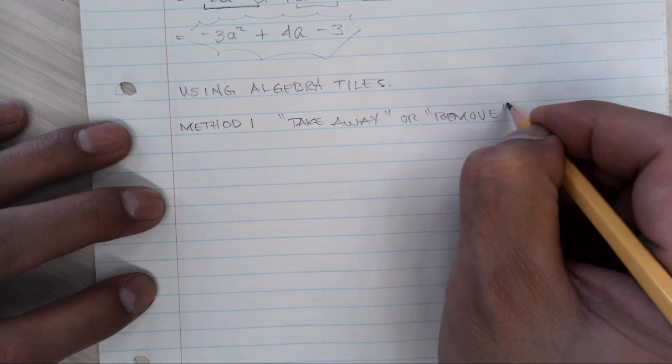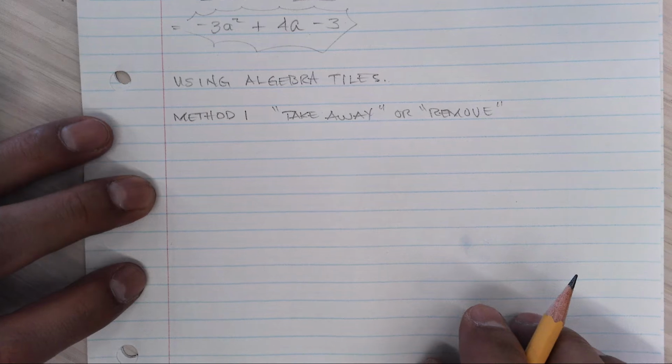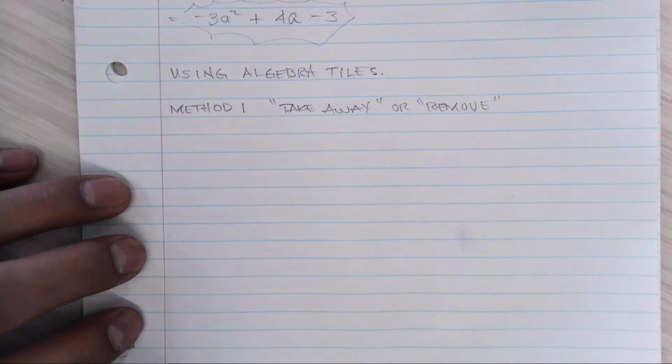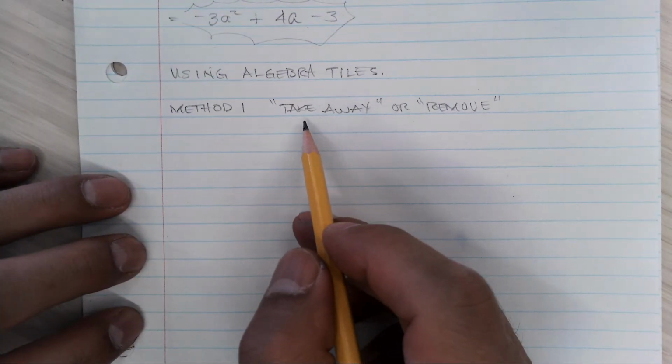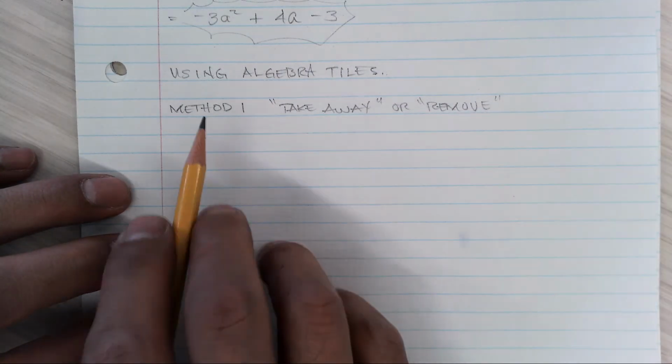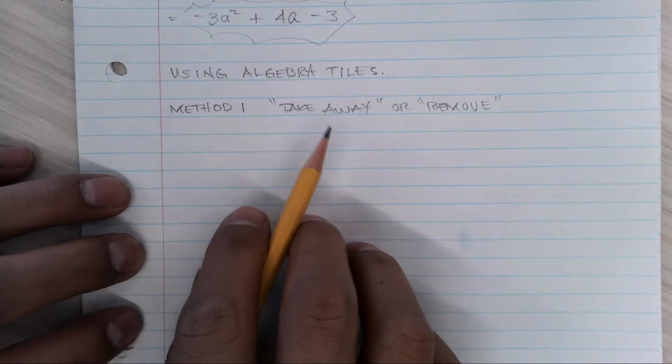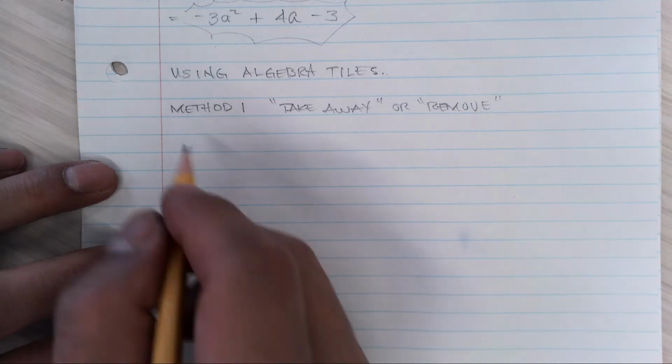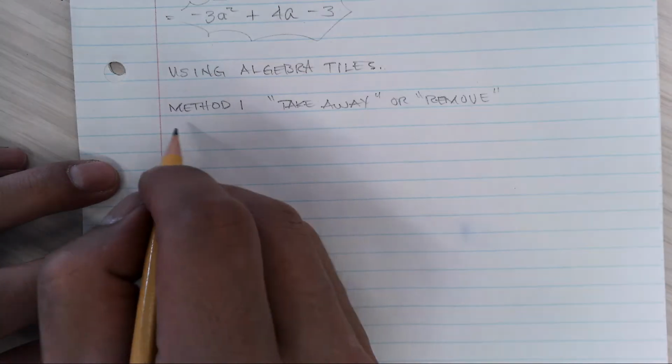Again, if you were in my class, you would have seen that if you don't have any tiles that you can take away from the first set, then you'll have to add zero pairs. Okay, so let's try this. This is the original question here.